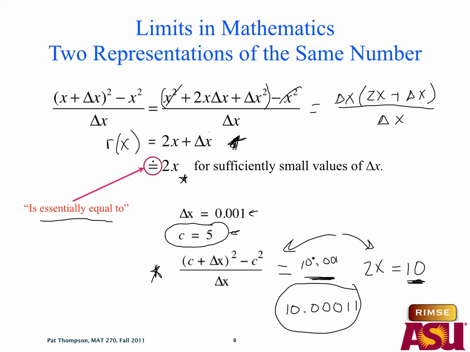So this is going to change, right? Because I'm going to pick a new value for delta x. Can you think of a delta x that would work? 0.000.